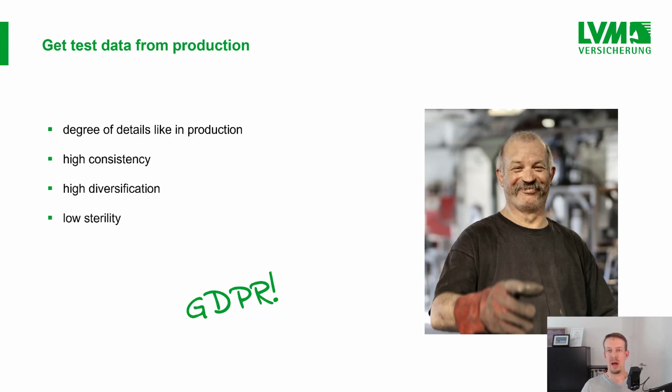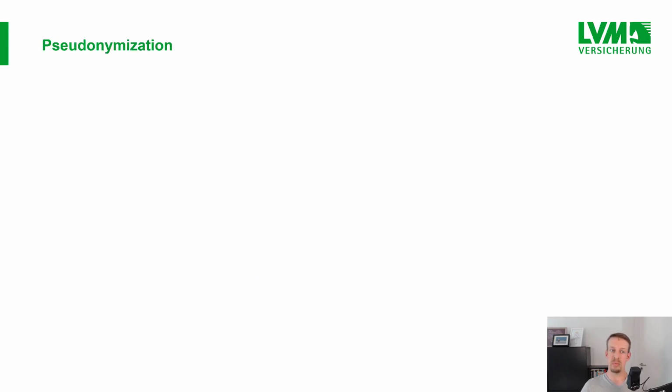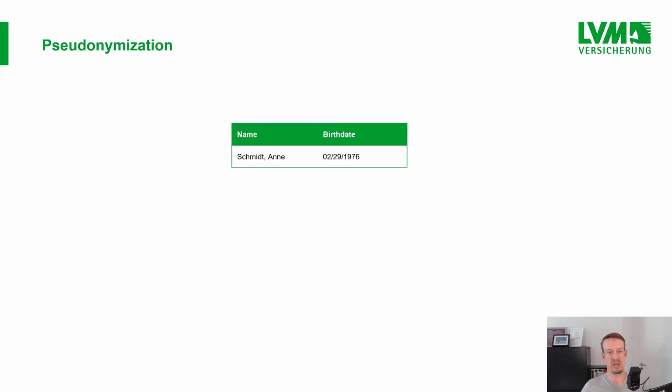But now, this is not the big catch as soon as we use pseudonymization. What do I mean with that? In pseudonymization, we replace the personal information by some generated information. Let's assume we have a customer, Anne Schmidt, born on 29th of February in 1976.